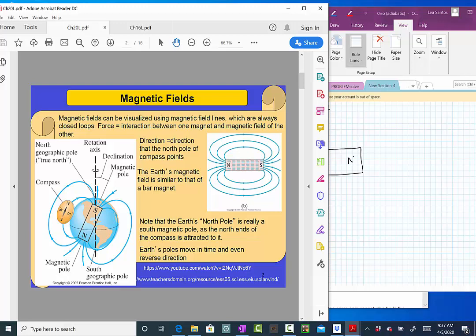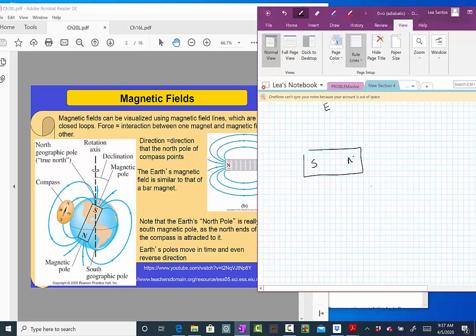The convention is that it leaves the north pole and goes to the south pole. In my drawing here, north is here, so it leaves the north and goes to the south. This is the direction of the magnetic field. All around here, we have these vectors representing the magnetic field around the magnet.